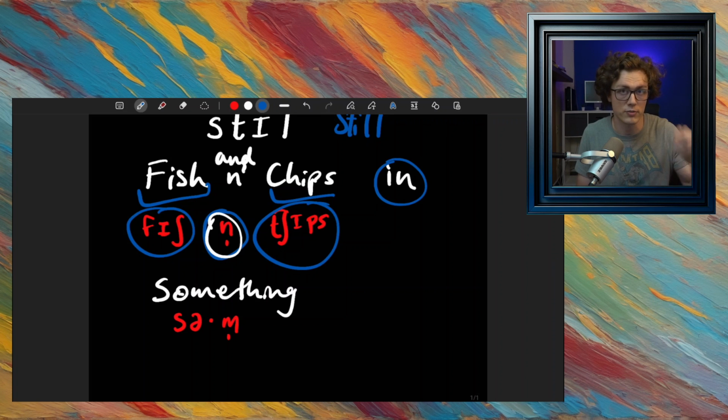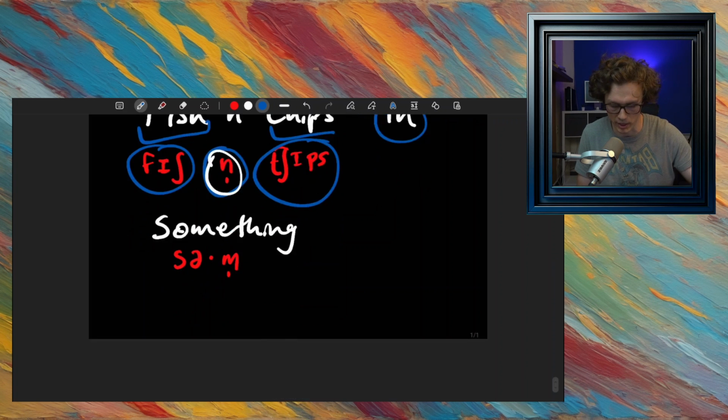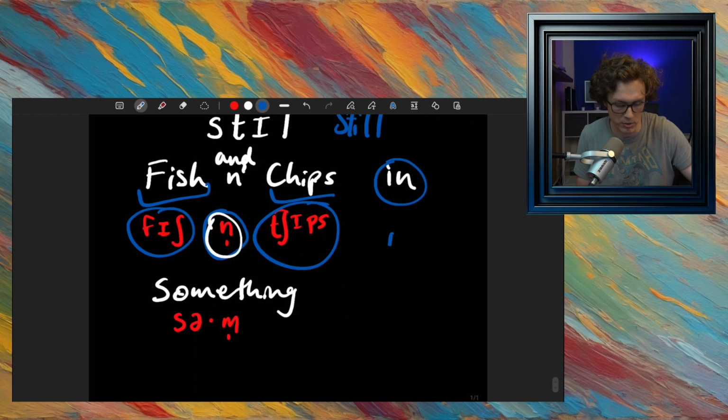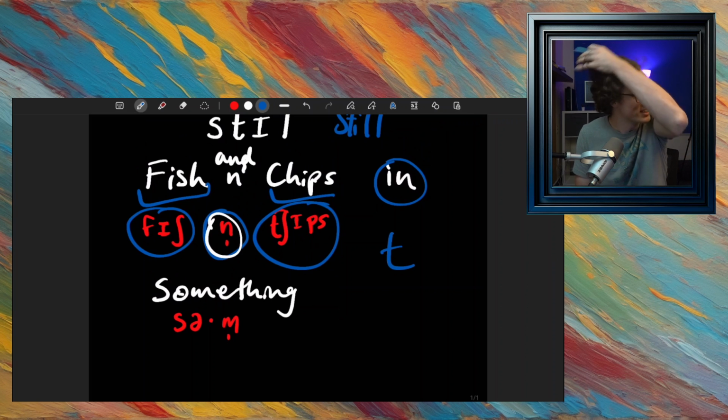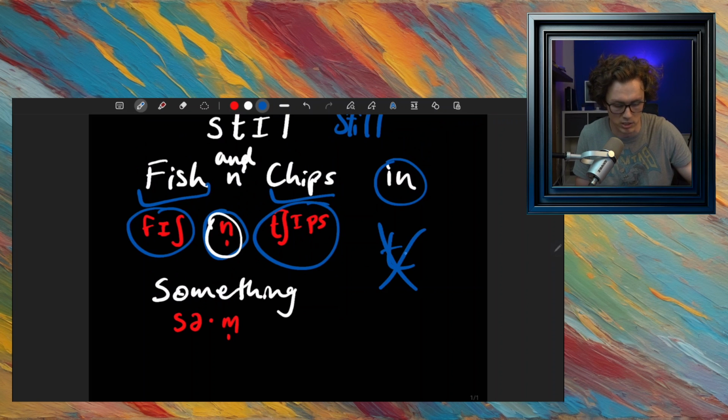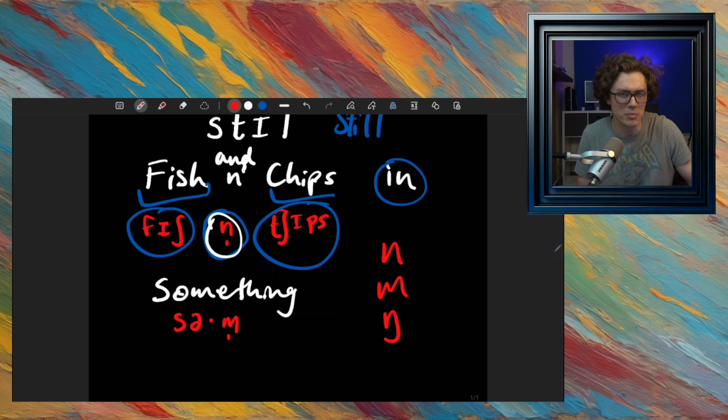So let's quickly look at the different sounds that can become syllabic, right? Because not everything can be. T is never syllabic. Just double checking. T is not a syllabic, it's not possible in English. The ones that can be are an N, like we just saw, an M, an NG kind of, though that one's not as much, I wouldn't say that as much.